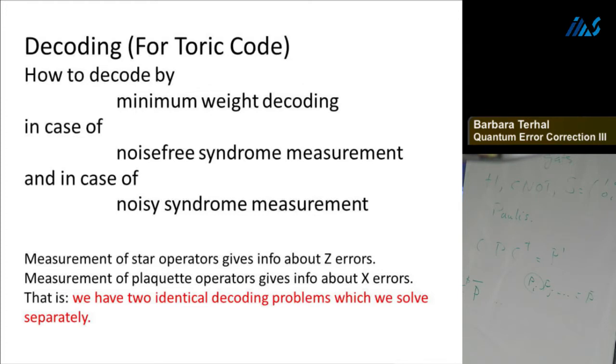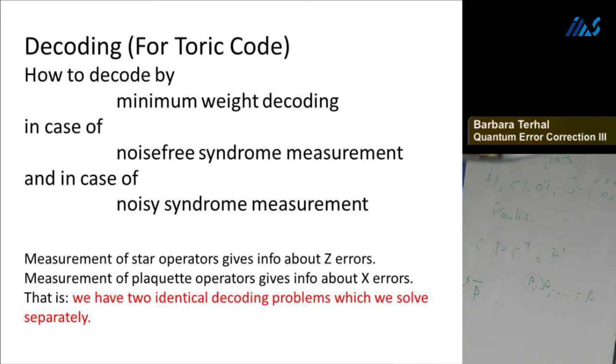Okay, so now let's talk about how we do decoding. I discussed in the first lecture what is minimum weight decoding. Minimum weight decoding is choosing the error that has minimum weight which is consistent with the syndrome. You can generalize this to maximum likelihood decoding, which I didn't mention too much.